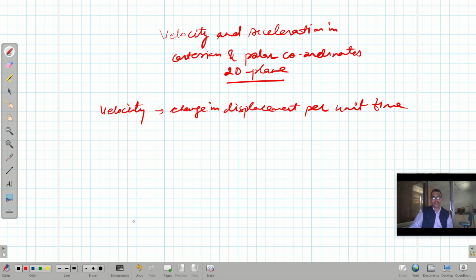Suppose we are having a plane, say it is xy plane, and say at any time the object is here, and after some time it reaches this point. Then this is known as the displacement, and it is r2. This is at time t1 and this is at time t2.